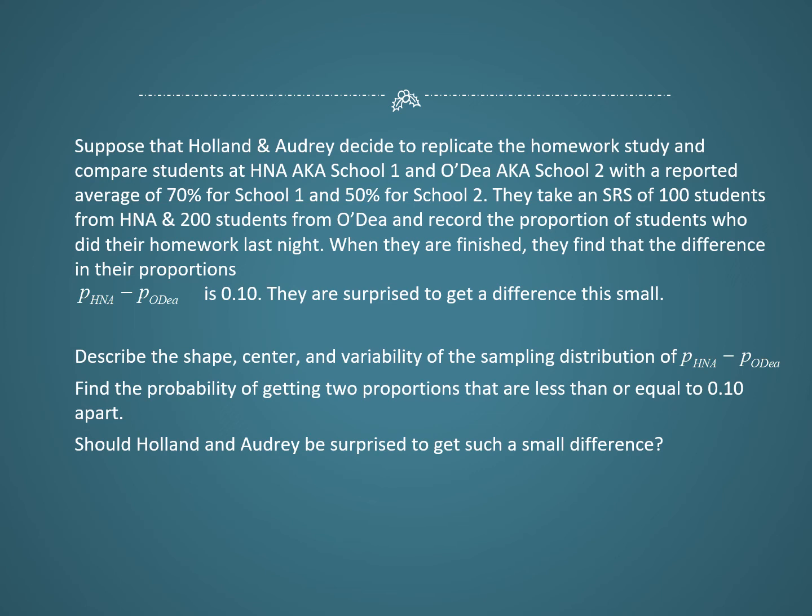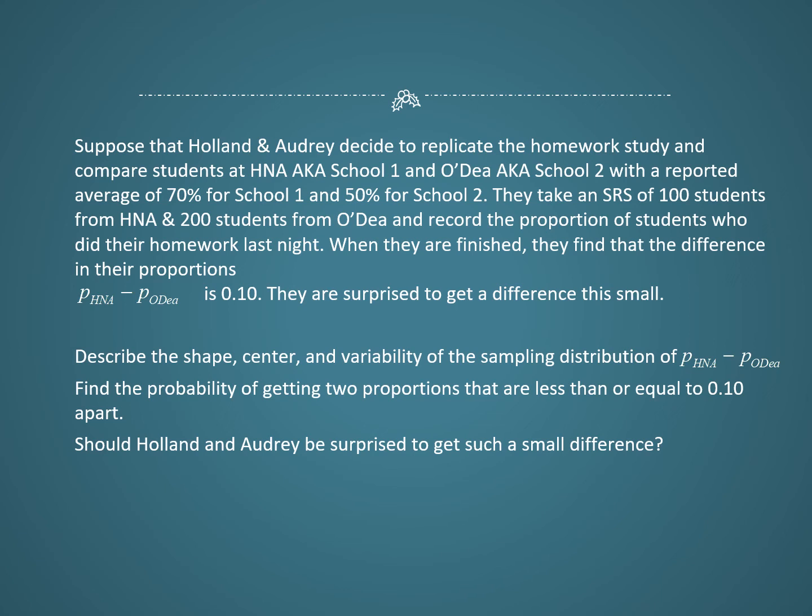These are independent simple random samples. Then we're going to record the proportion of students who did their homework last night. When they're finished, they find the difference in their proportions. What the students got for p H&A minus p O'Day is 0.10, and they're surprised to get a difference this small.